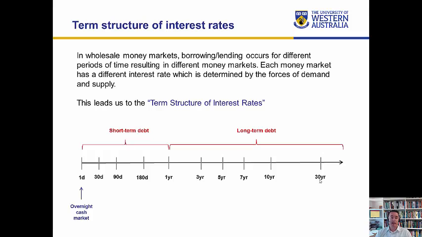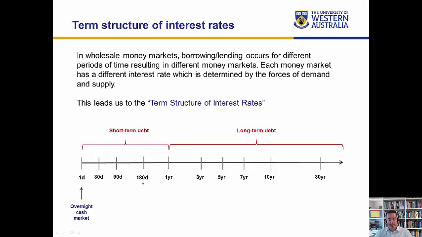So companies such as BHP or Rio Tinto may go into the long-term debt markets and borrow money for 7 or 10 years to finance a big expansion of a mining facility. At the same time, they might enter the short-term debt market and either borrow money or lend money for 90 days. They may borrow money for 90 days just to smooth out their income flows.